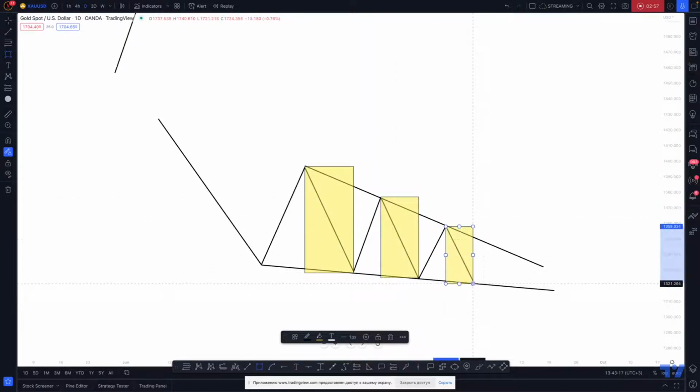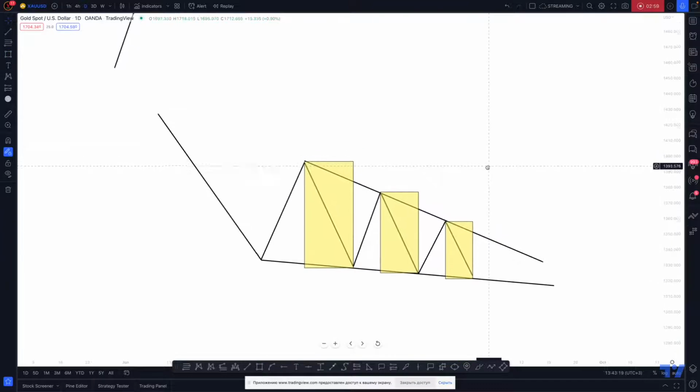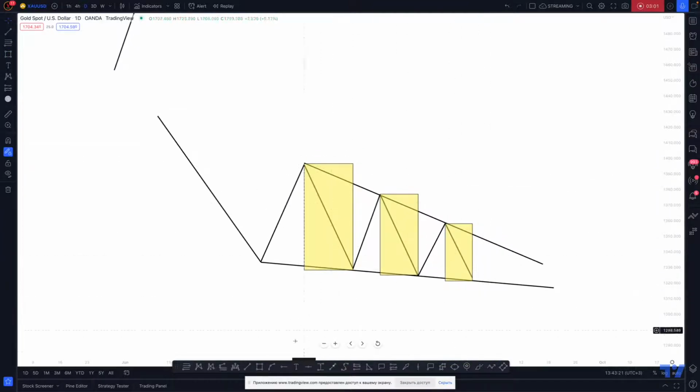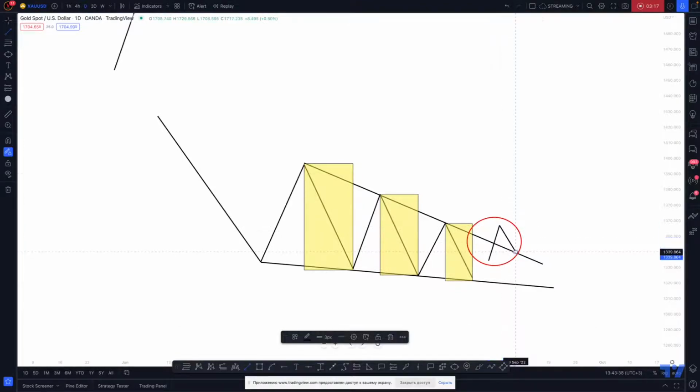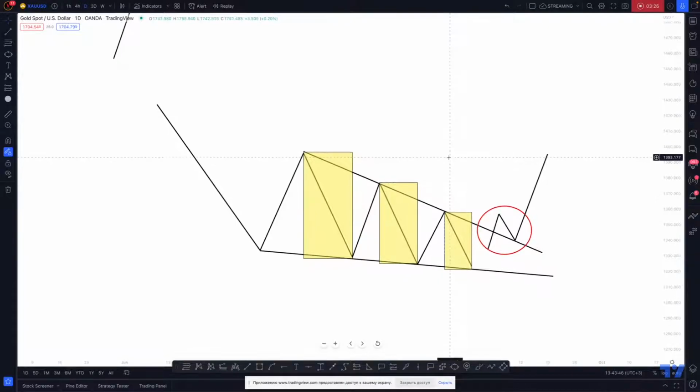Once we spot such pattern, our first task is to wait for a breakout. Yes, we should wait for a violation, a bullish breakout of its resistance. That is our trigger, yes, for buying. Only when we see the violation of the wedge's resistance, only then we expect a bullish continuation. And the pattern by itself is just a warning sign, right?